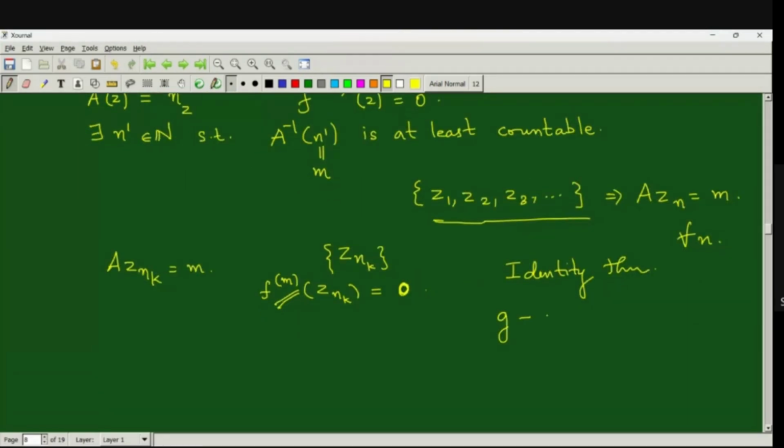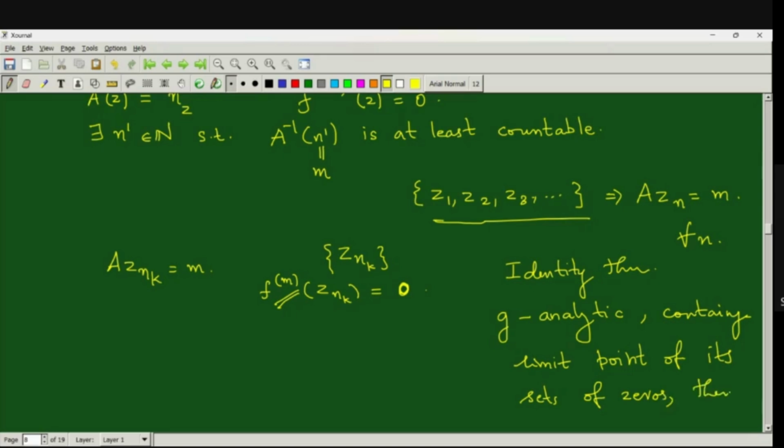So if G is analytic and contains a limit point of its set of zeros, then G is identically 0.